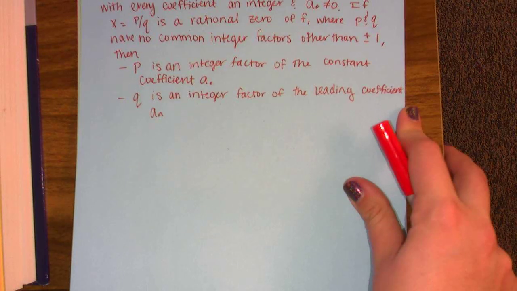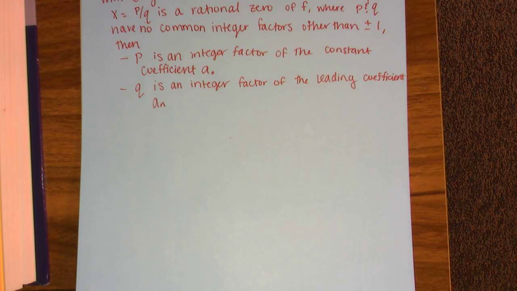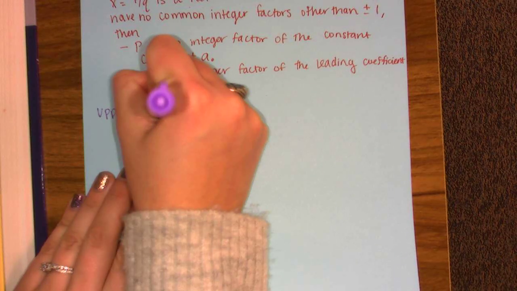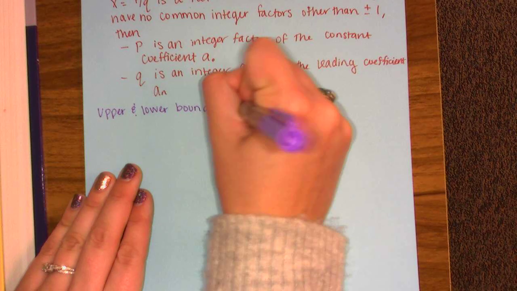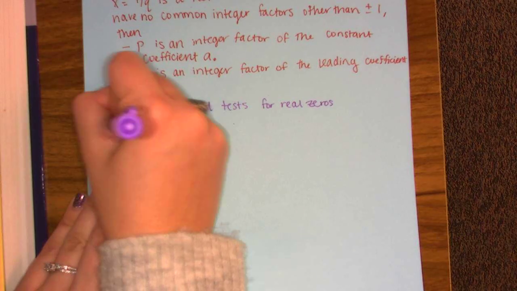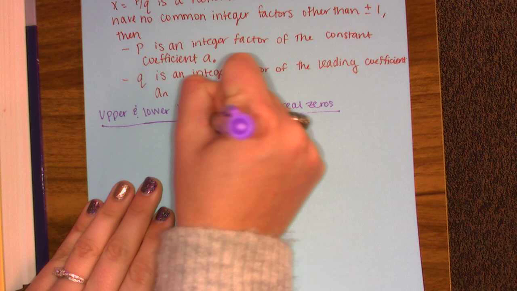Alright, the last thing then, note-wise, and then we'll do some examples of these things. For the upper and lower bound test of real zeros, this is essentially looking at how to know if something's an upper bound or a lower bound, like thinking back to the boundedness stuff that we did.